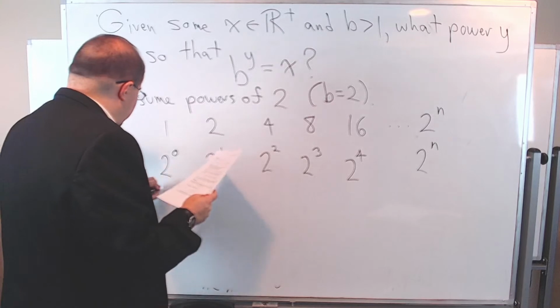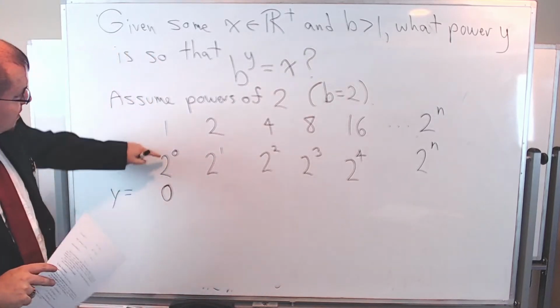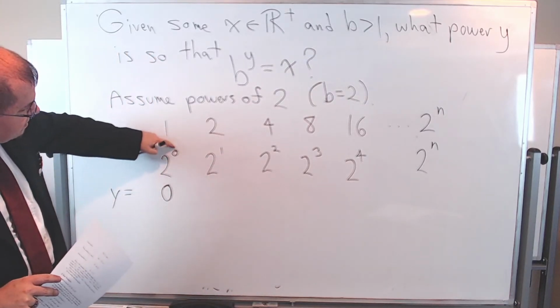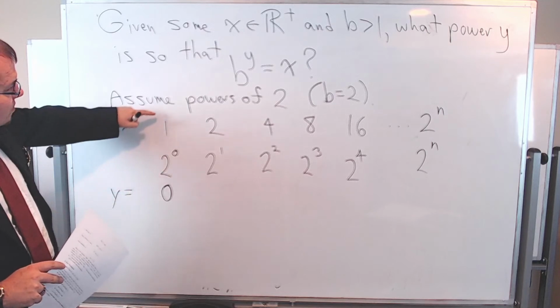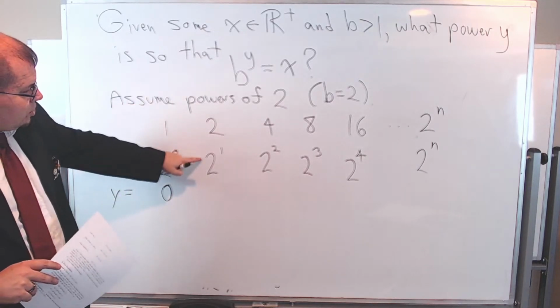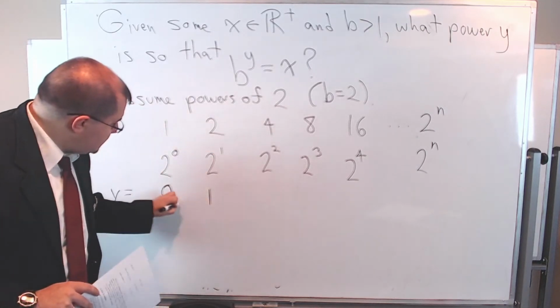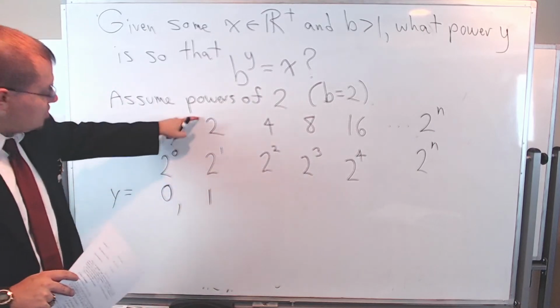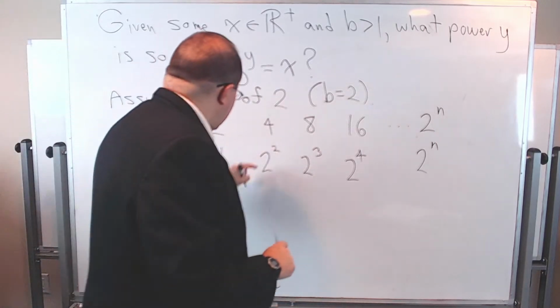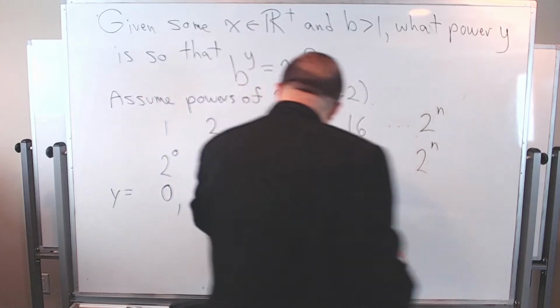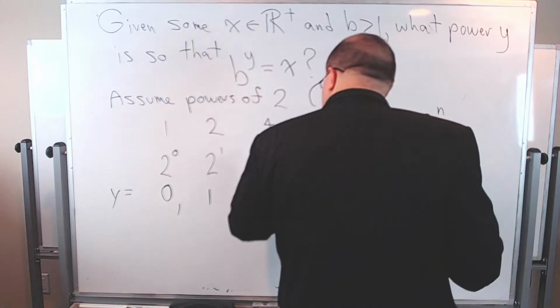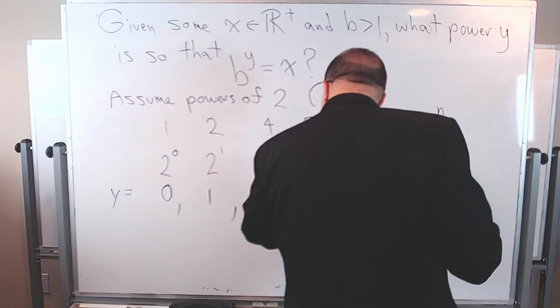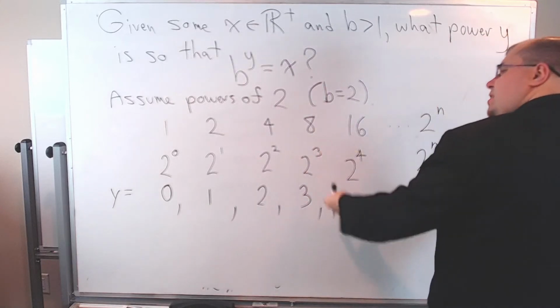Y is equal to, in this case, 0, because 2 to the 0 equals 1. 2 to the 1 equals 2. 2 squared equals 4. 2 cubed equals 8.